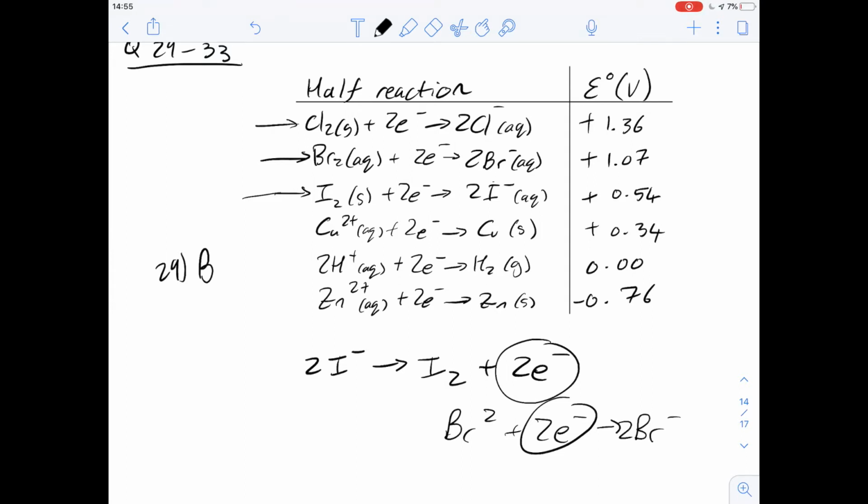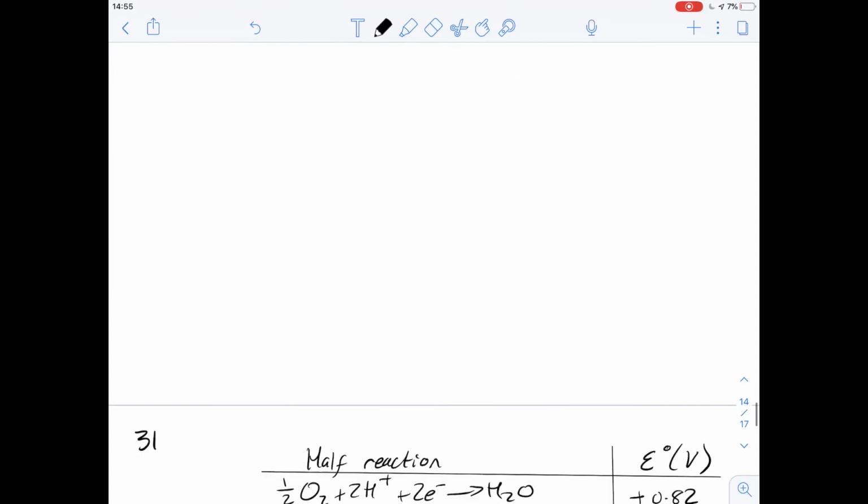But if we look at zinc, it's got a lower E value, which means that hydrogen has a greater ability to steal these electrons and reduce itself, which means that the only substance that would be able to reduce hydrogen ions to hydrogen is going to be zinc, or this is going to be 3 only, meaning the answer for number 30 is going to be C.